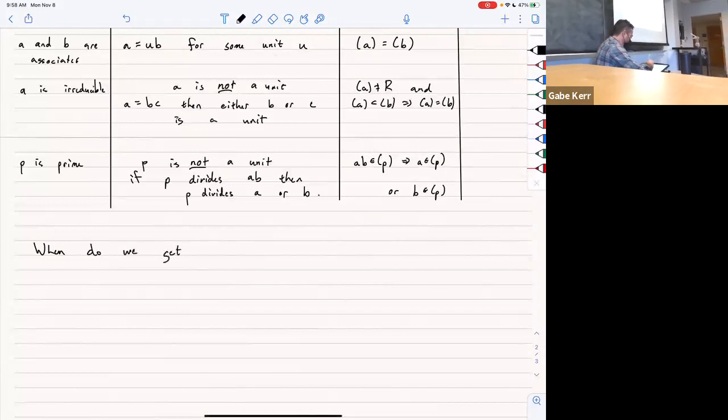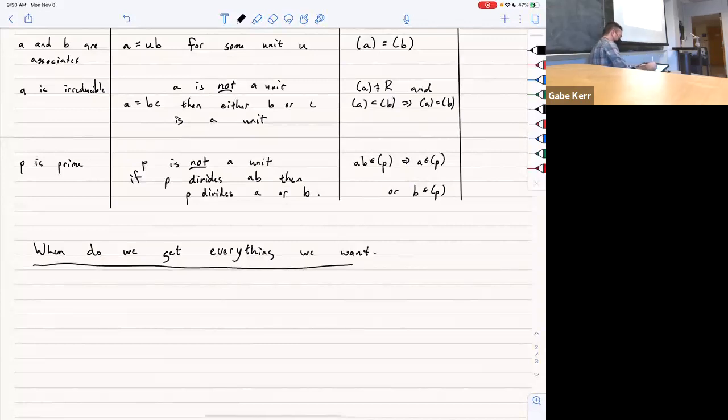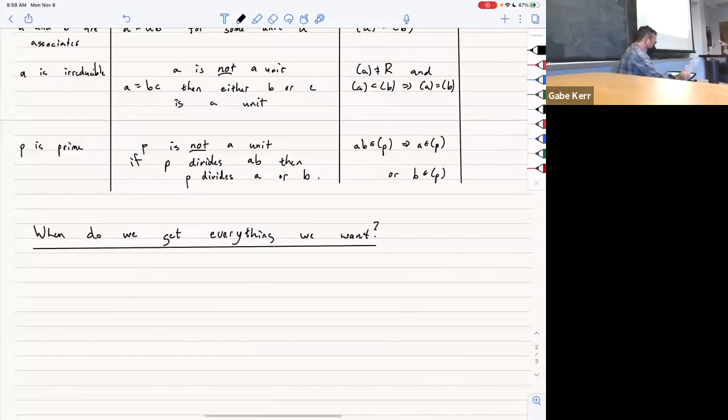Now that we have the vocabulary, we can ask, when do we get everything? By which I mean all of this theorem in a general ring.